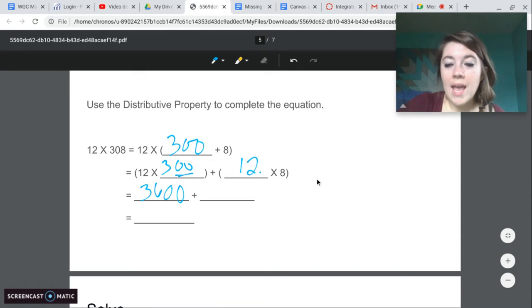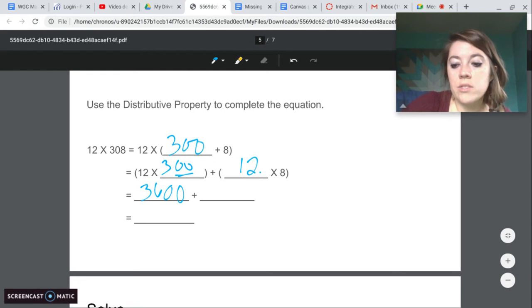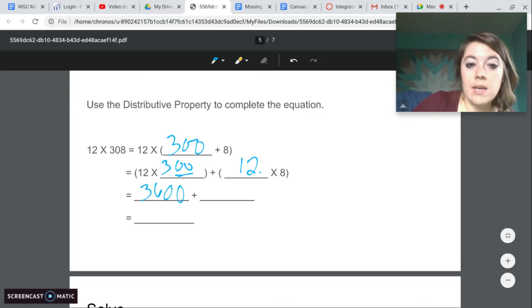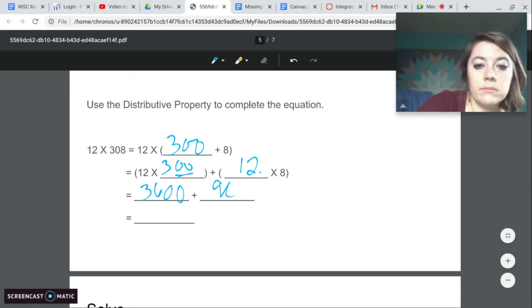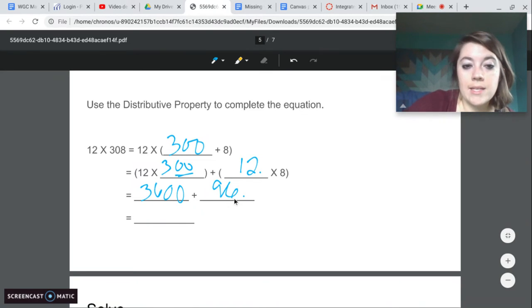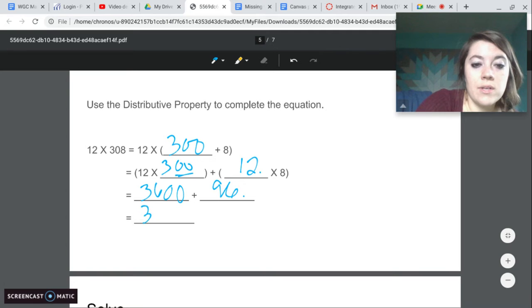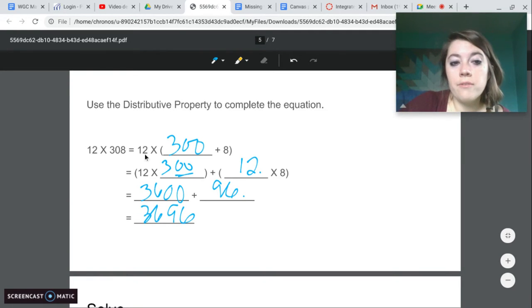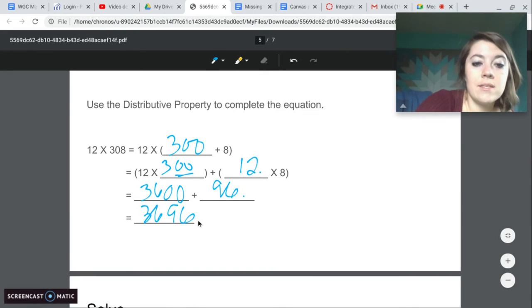And 12 times 8 is, what is 12 times 8? Is 96. Now we're going to add these together. So 3,600 plus 96 is going to give us 3,696. So 12 times 308 is 3,696.